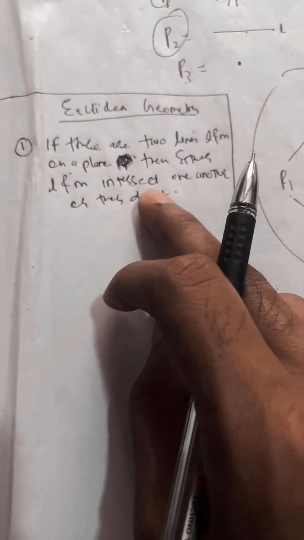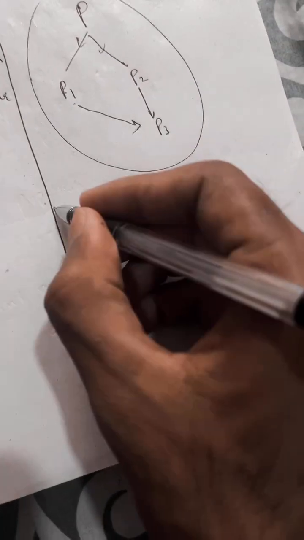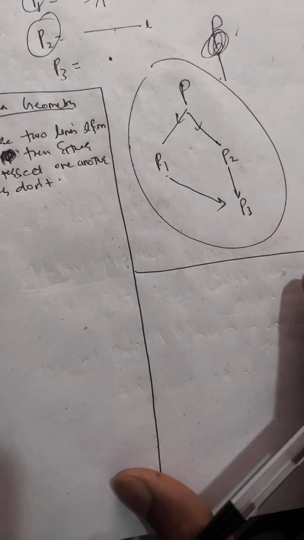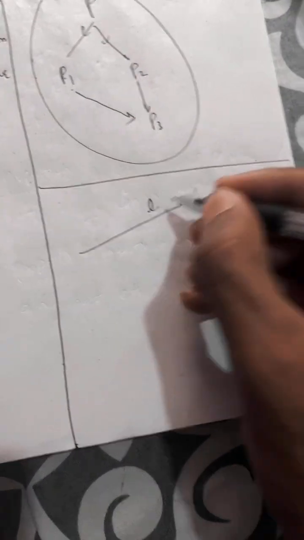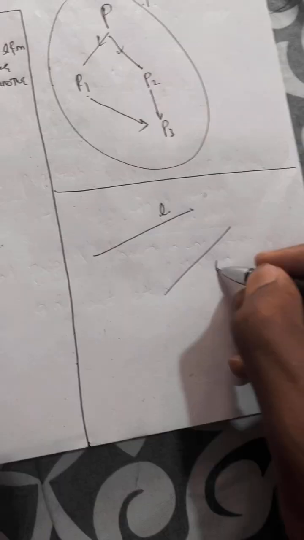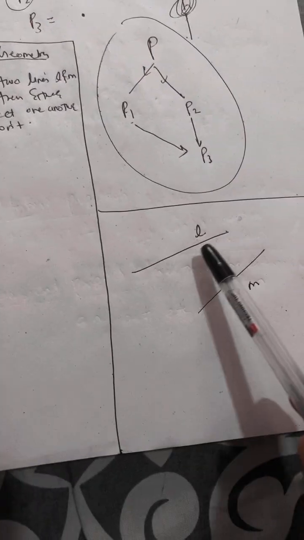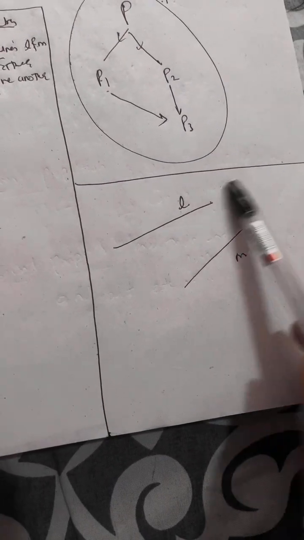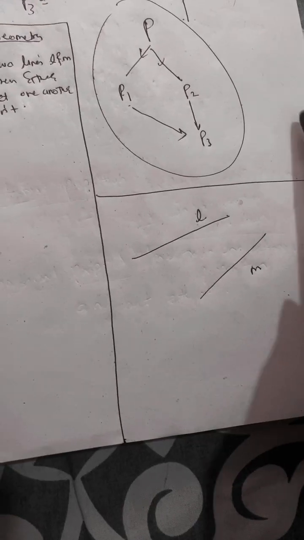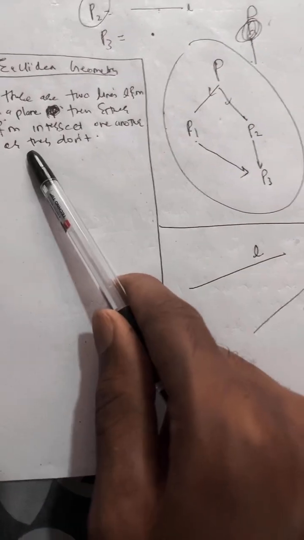What does this statement mean? It means given a plane, a two-dimensional plane, we are talking everything in two dimensions. Given a line L and given a line M, on this plane, either L and M going to cut one another at some point, intersect or meet, or they don't, right?